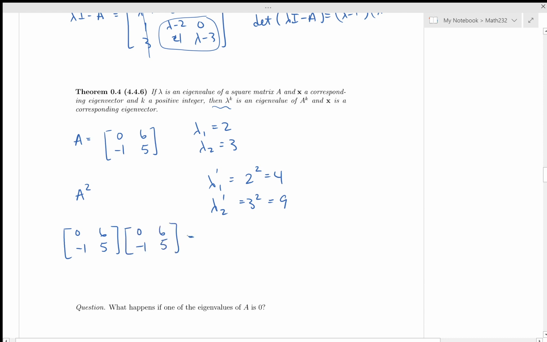That is going to be equal to minus 6 here, 0, oh boy, numbers are getting big, 30, minus 5 here, and then minus 6 plus 5. Hang on, I'm going to check this again. That's minus 6, 0, 30, minus 5, minus 6.